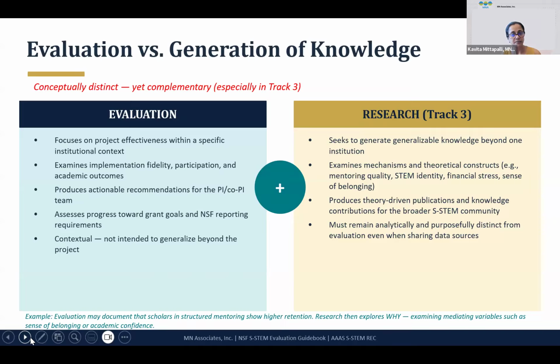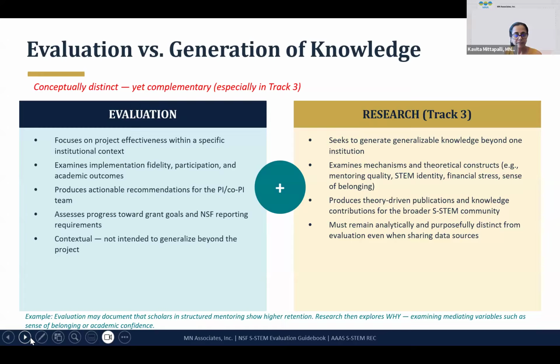Same kind of data, different questions. So even when evaluation and research share the same kind of instruments, they must remain analytically separate. Conflating them in annual reports is one of the most common track 3 missteps, right?